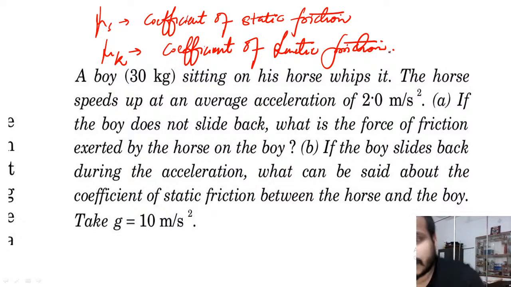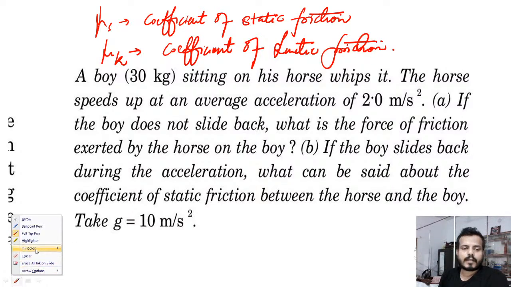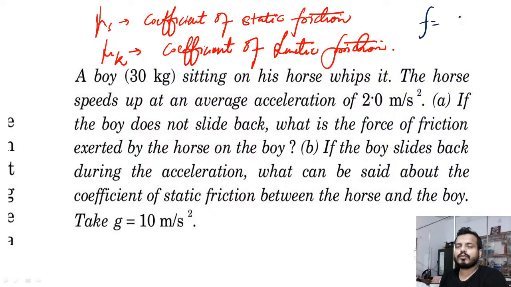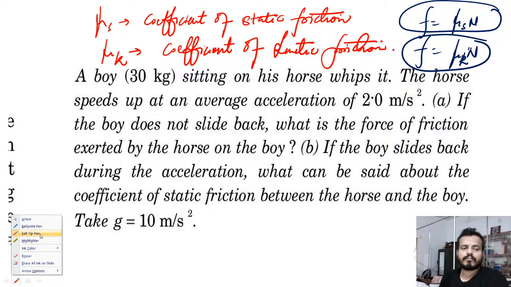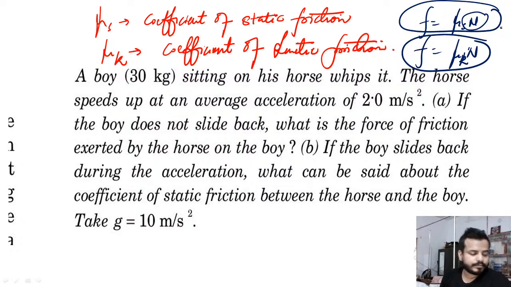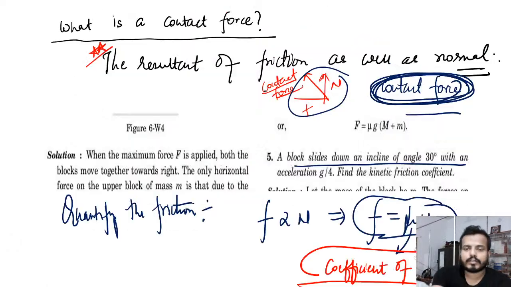F is equal to mu s into N and F is equal to mu k into N. Here N is the normal to the plane. So let's solve this problem.